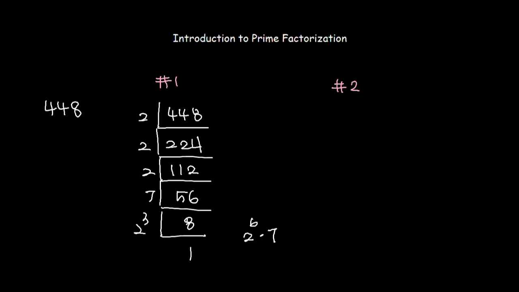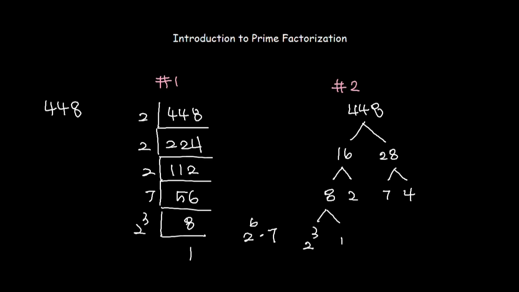The second method, of course, is the factor tree. 448. You can subdivide this into 16 and 28, and you should be able to see this if you get the hang of it. And you get 8 and 2, 7 and 4. Subdivide this.